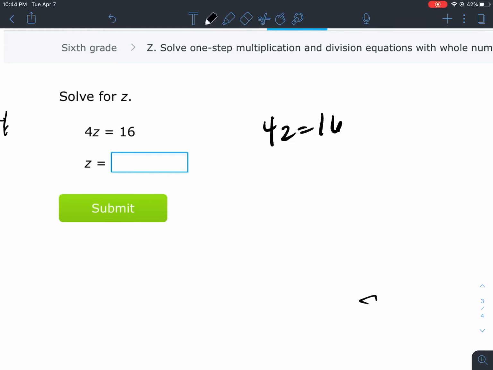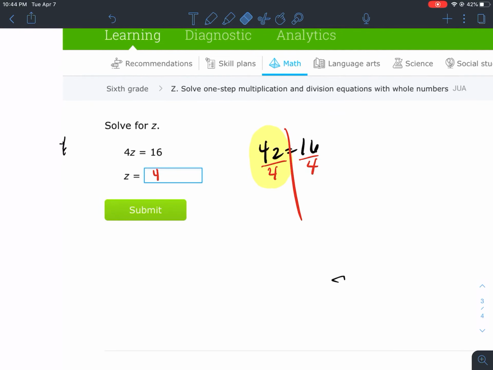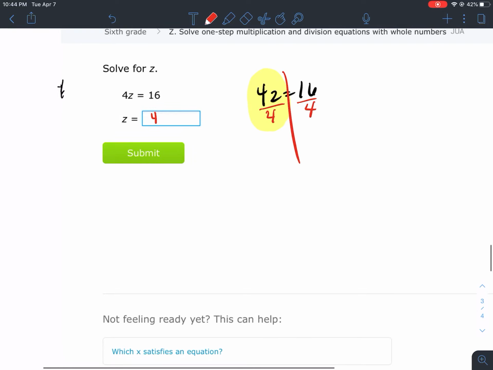Now I'm not going to solve the whole thing. The reason I put it is so that you guys can see I would divide it by 4. Even though it's on the other side now, it doesn't matter. I'm looking at the number that's on the same side as the variable. So I wouldn't divide it by 16. So this answer would be 4 again. Hopefully you get something like that so you can get lucky and not have to do the work twice.